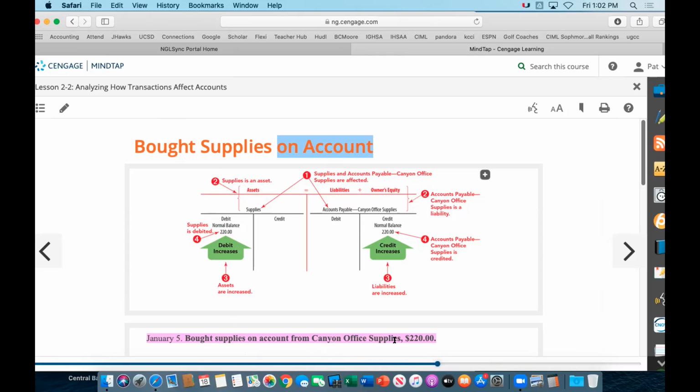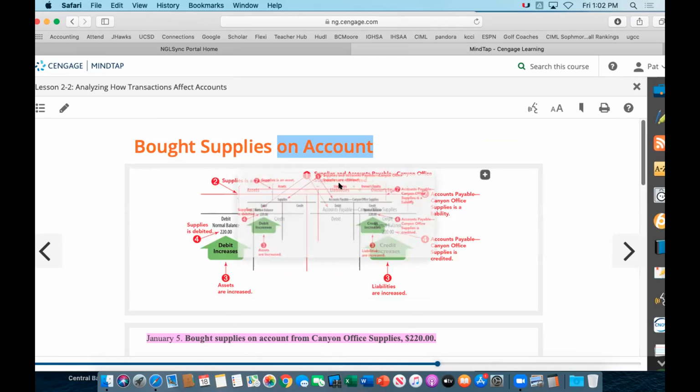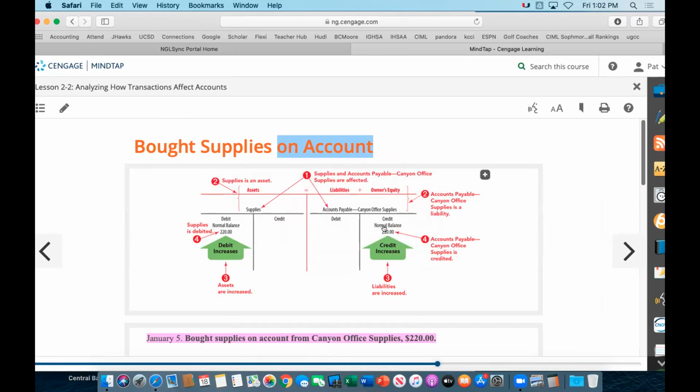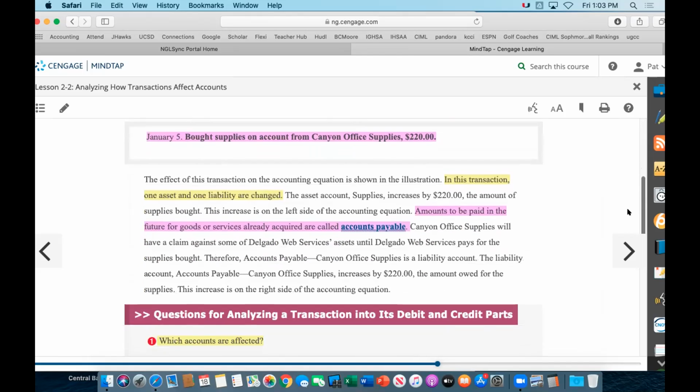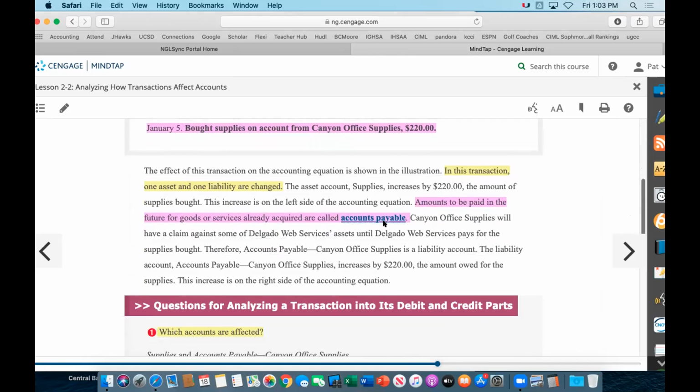The account Canyon Office Supplies. A payable is the same thing as a liability. And so a liability increases with a credit. So we debit supplies for $220. We credit the accounts payable. Again, what's accounts payable? Amounts to be paid in the future for goods and services acquired already.